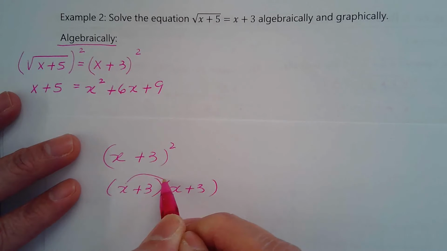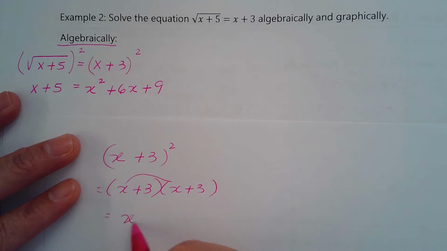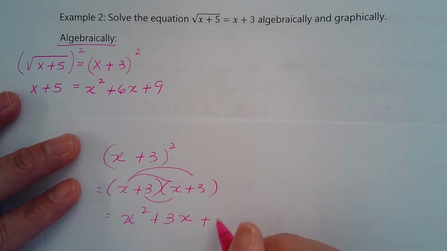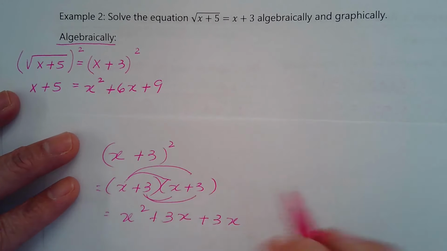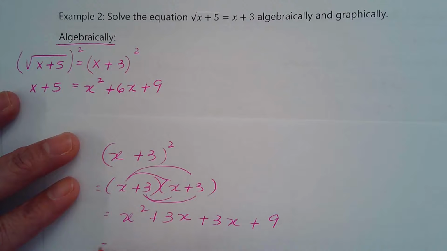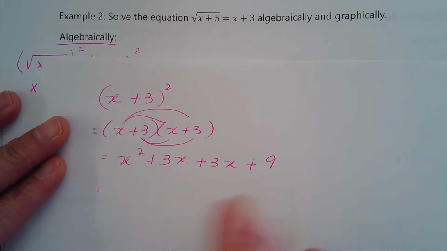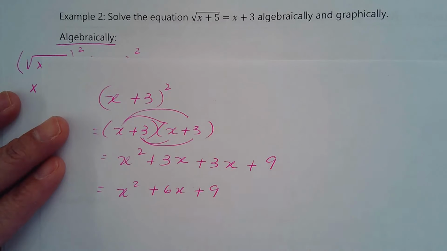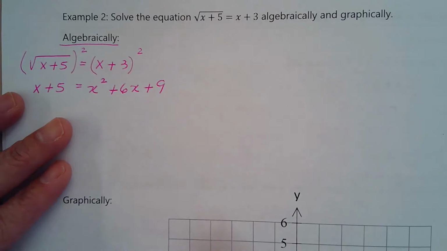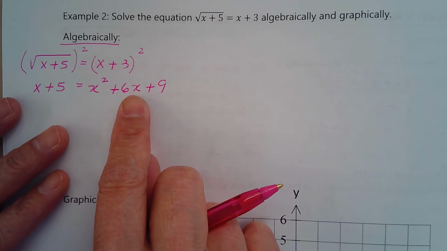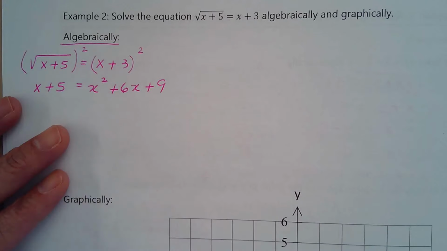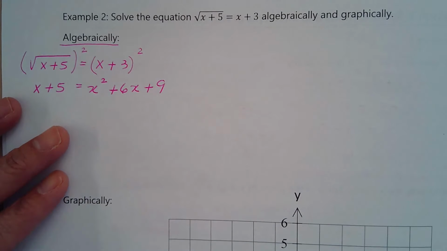So x times x gives us x squared. x times 3 is 3x. 3 times x is 3x. 3 times 3 is 9. So, collecting like terms, x squared plus 6x plus 9. So please be careful. When you look at that one, don't think it's going to be x squared plus 9.